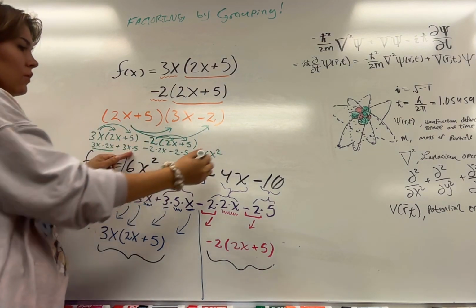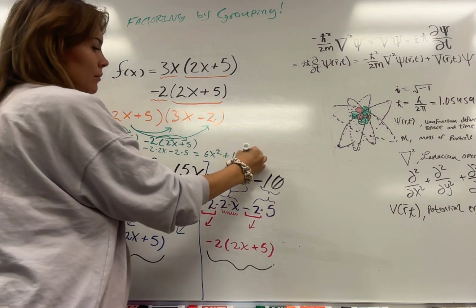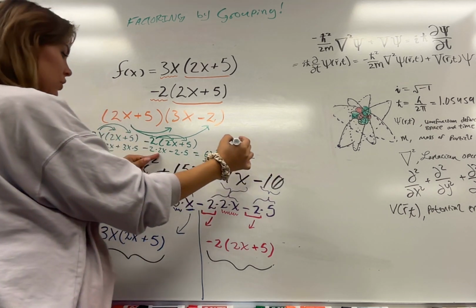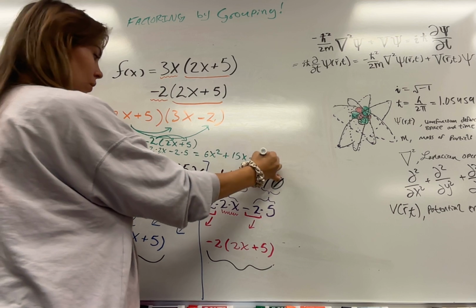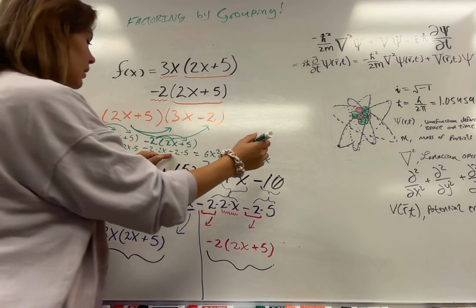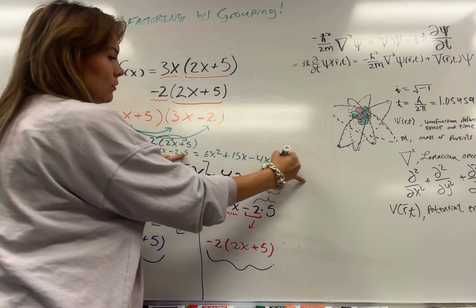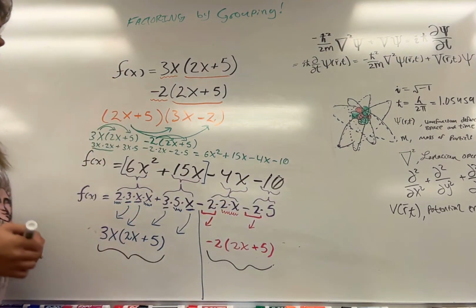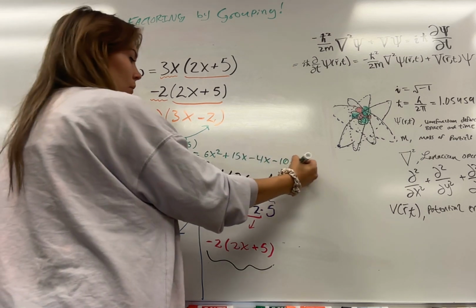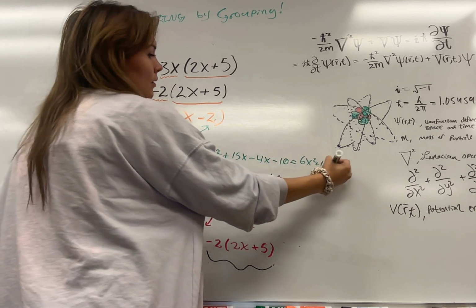We have 3x times 5, so plus 3 times 5 is 15x, minus 2 times 2x, sorry, which is 4x, and minus 2 times 5, which is minus 10. And if we add those middle terms together, like terms, we get 6x squared plus 11x minus 10.